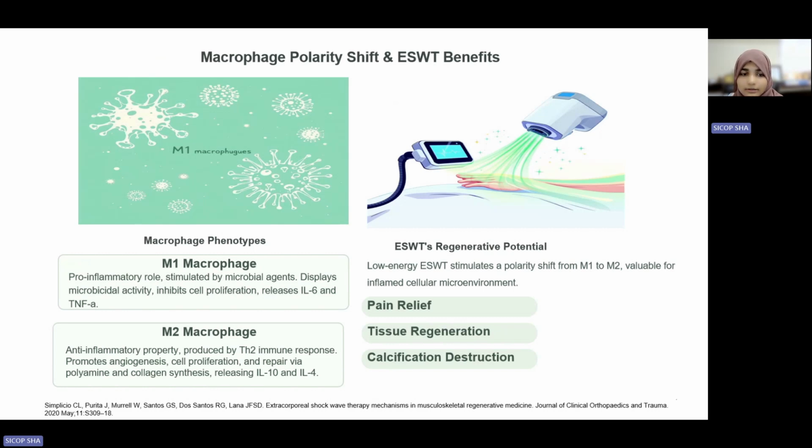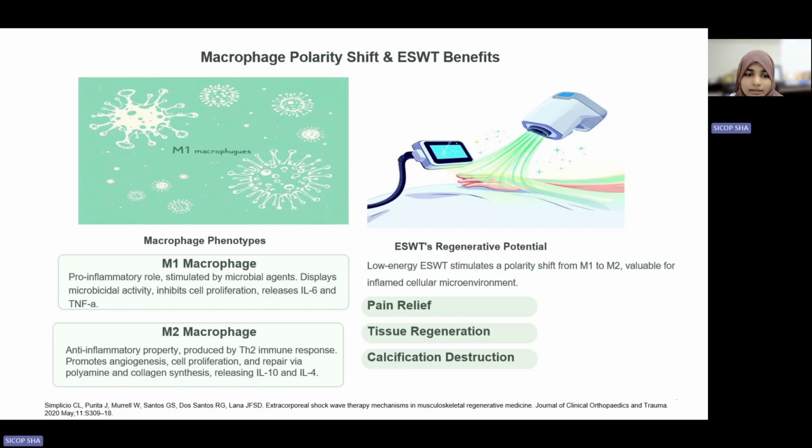There are two types of macrophages, M1 macrophage and M2 macrophage. The M1 macrophage has a pro-inflammatory role, stimulated by microbial agents, and it helps in displaying microbial activity. It helps in inhibiting cell proliferation and releases interleukin 6 and TNF alpha.